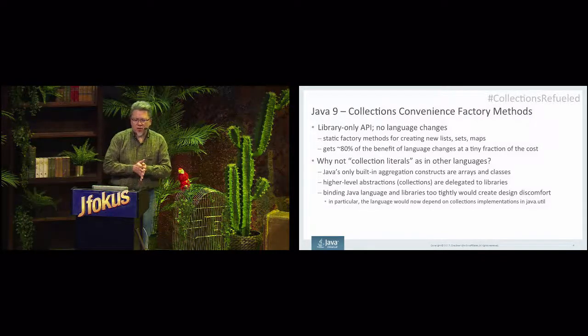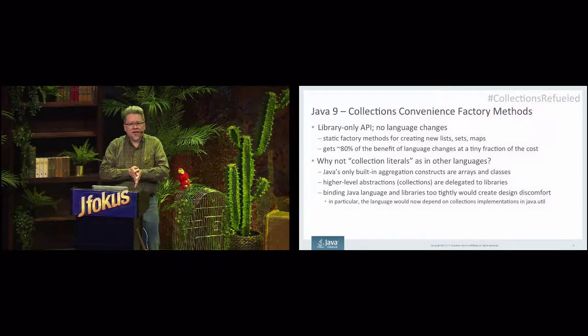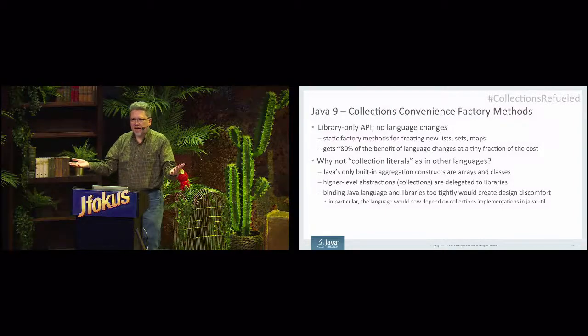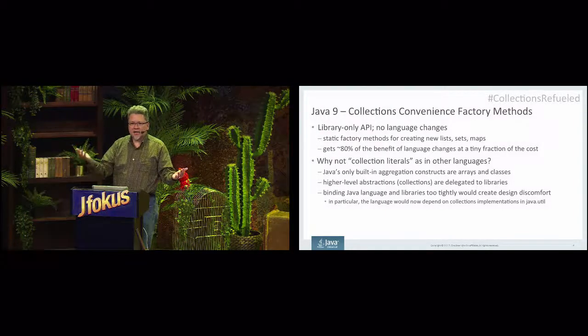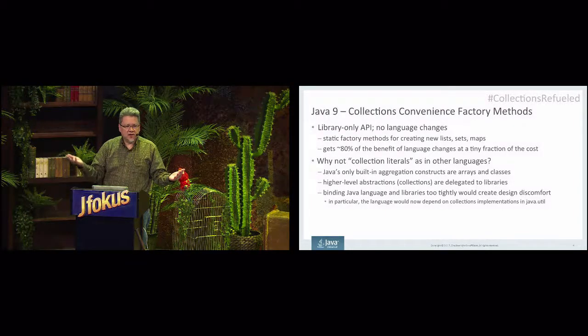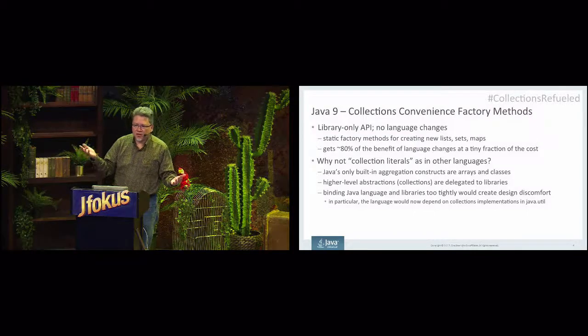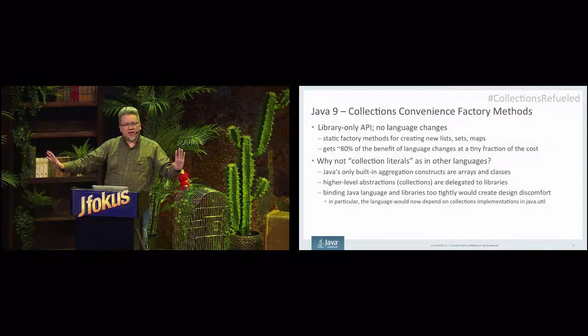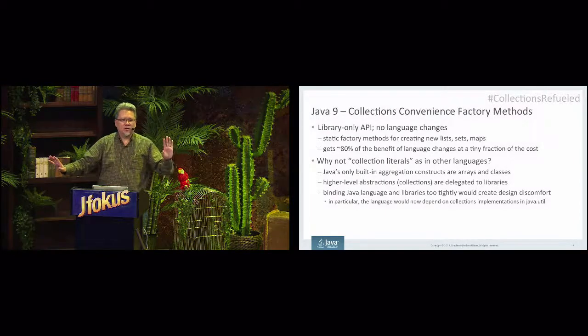But also, it does something very interesting, which is it creates a tight coupling between the programming language and the collections framework that we have. And so if you look at what Java has today, the collections framework that was introduced in 1.2, it rather stands at arm's length from the programming language.